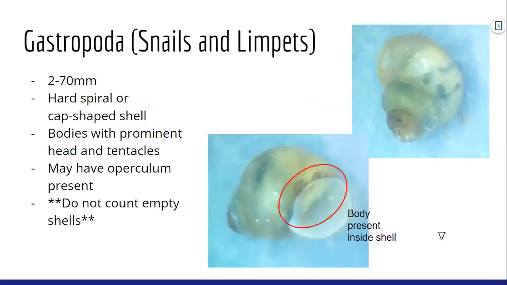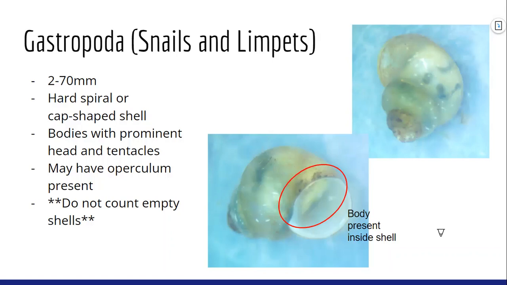Next, we have Gastropoda, which are snails and limpets. These individuals are 2 to 70 millimeters long, and they look just like terrestrial snails, except they're found in the water. So they have a hard spiral or cap-shaped shell. If you can see their bodies present, they have a prominent head that has tentacles.